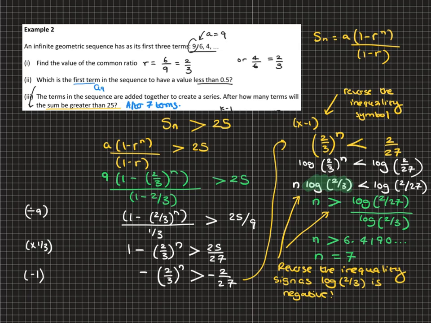So whenever you are dividing or multiplying by a logarithm of a number, check whether or not it's negative or positive if you're dealing with an inequality. If you're dealing with an equation, life is a lot easier. If you're dealing with an inequality, you need to be extremely careful. So make sure you're using log to the base 10 or ln, and make sure that you check whether or not you need to reverse the inequality sign.